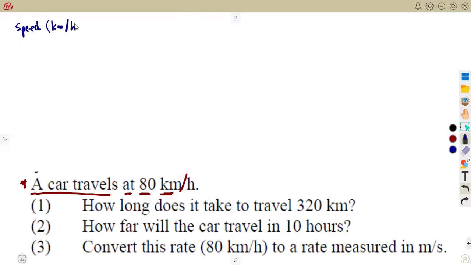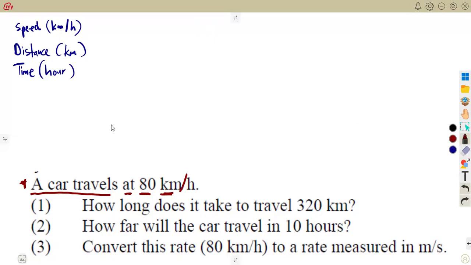The kilometers represent the distance at that moment, taken in kilometers. The hour is for the time. That is what it means here, distance over time.